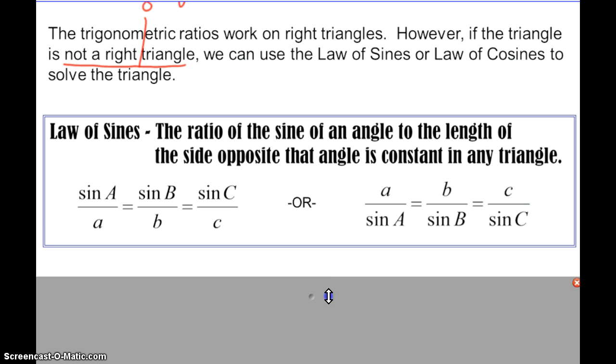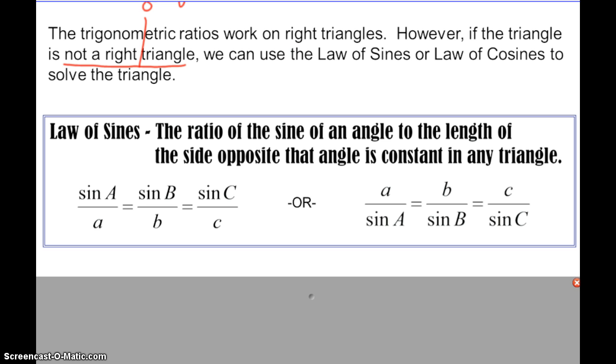The law of sines is as follows. The law of sines says the ratio of the sine of an angle to the length of the side opposite is constant in any triangle. So break that down: the angle, and then the side opposite that angle.